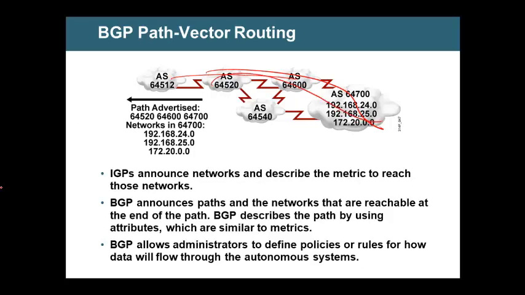Now, on the previous page, we saw the difference between IGP and BGP. We saw IGP operates within an autonomous system. They advertise the network information and the metric to reach the networks in that autonomous system only.